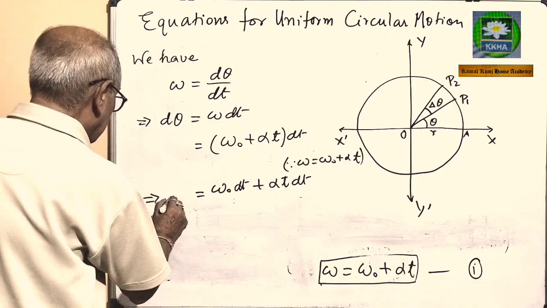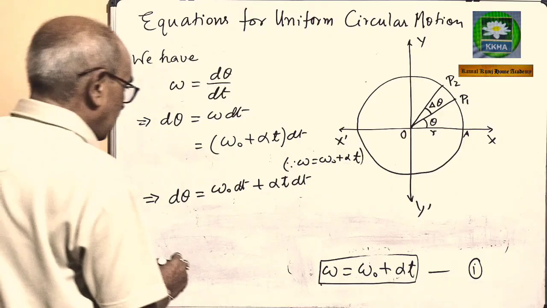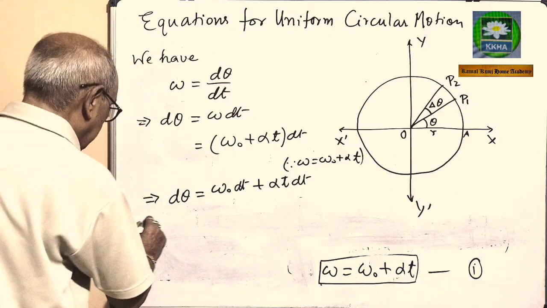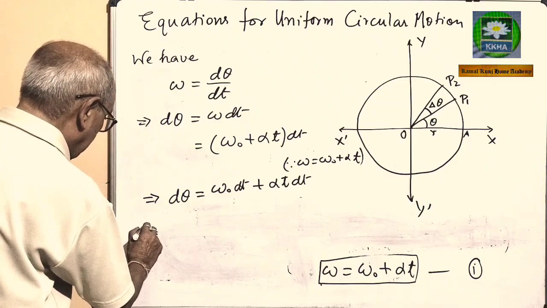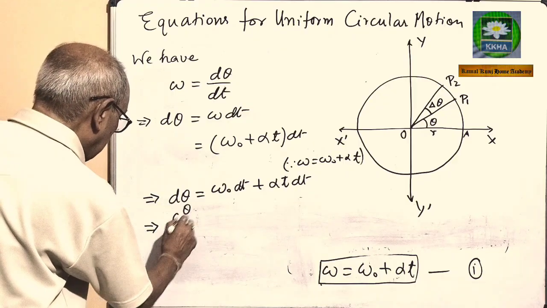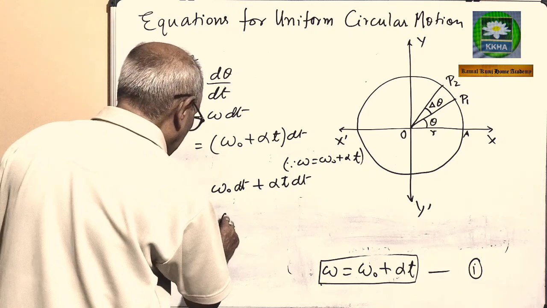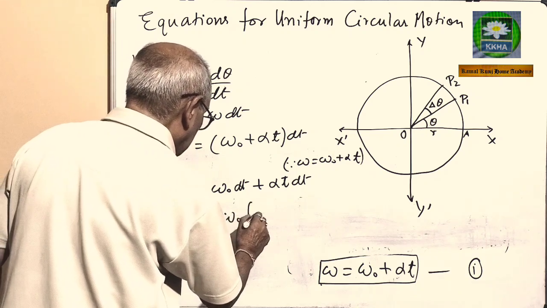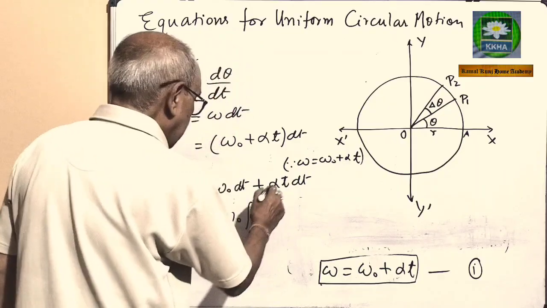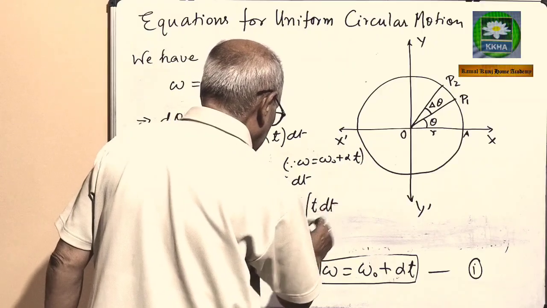This implies that d theta equal to omega naught dt plus alpha t dt. Now integrating between the limits, we get theta is equal to the integral of omega naught dt plus, since alpha is constant, taken out, the integral of t dt.